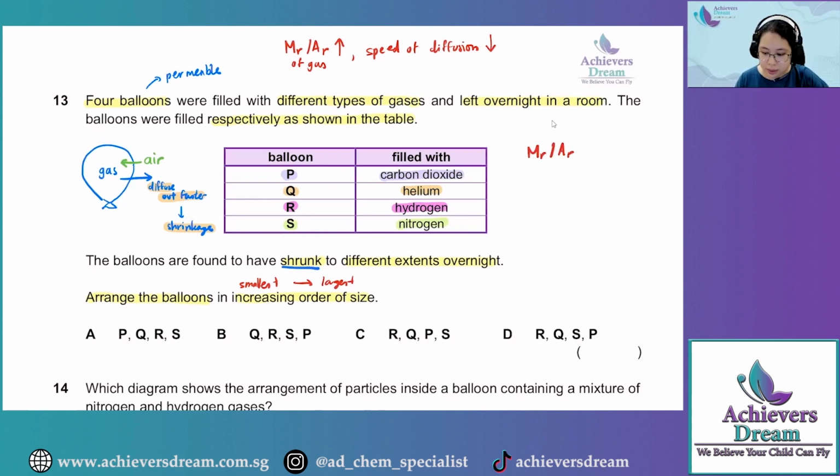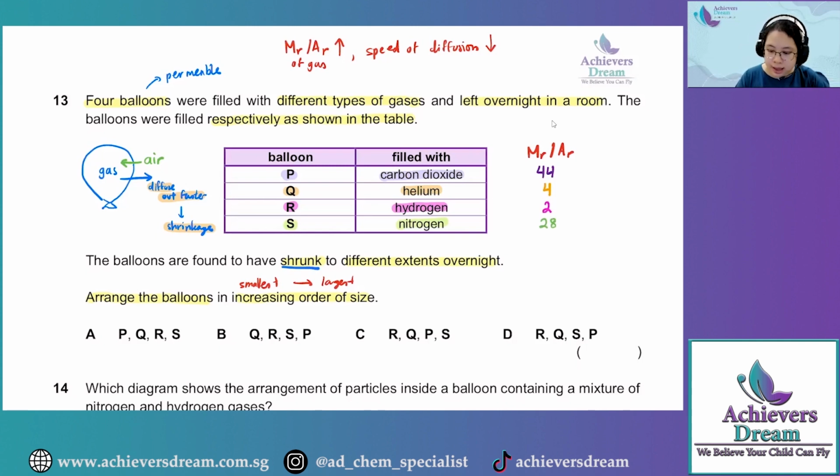First of all, we have carbon dioxide with an MR of 44. Then we have helium with an AR, because it is a monatomic gas, of 4. We have hydrogen with an MR of 2. And we have nitrogen with an MR of 28.